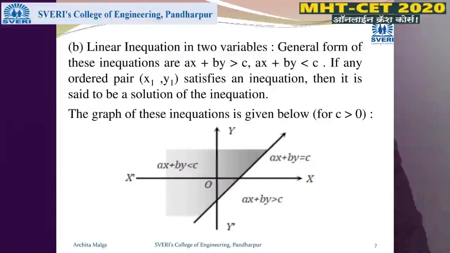Let us look at the graph of these inequations given below. Ax plus by less than c comes in the first quadrant. Ax plus by equal to c comes in the second quadrant. Ax plus by greater than c is in the third quadrant.